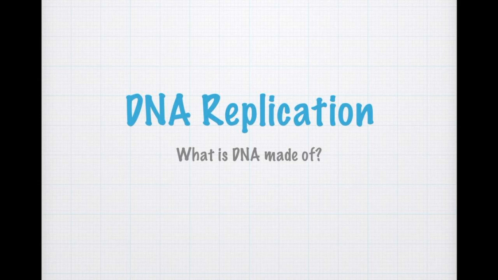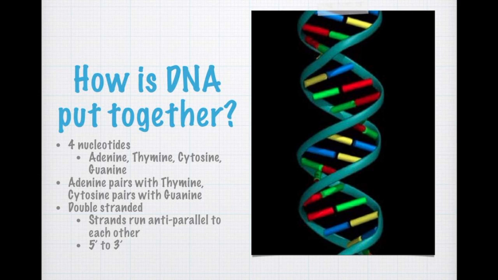Okay, so here is my PowerPoint slide that I made for you guys. Let's talk about DNA replication, and to start that off, we want to talk about what exactly DNA is made of. So, how is it put together? We've got 4 nucleotides: adenine, thymine, cytosine, and guanine.